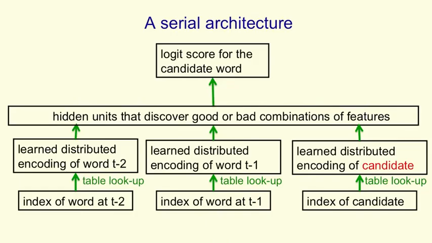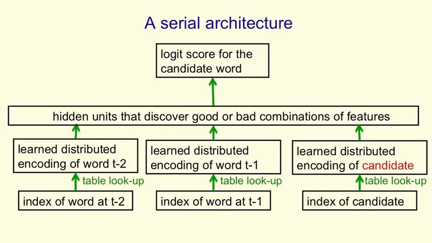So one way to avoid having 100,000 different output units is to use a serial architecture. We put in the context words as before, but now we also put in a candidate for the next word in the same way as the context words. Then we go forwards through the net, and what we output is a score for how good that candidate word is in that context.